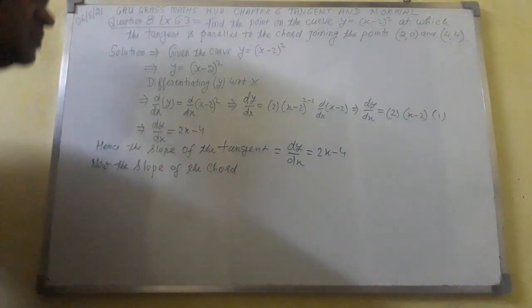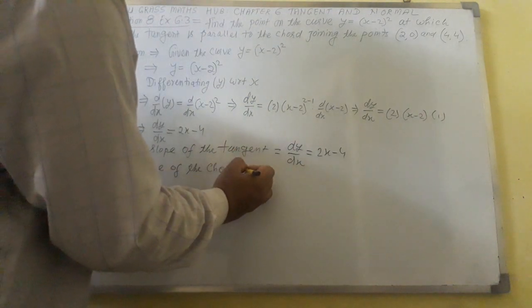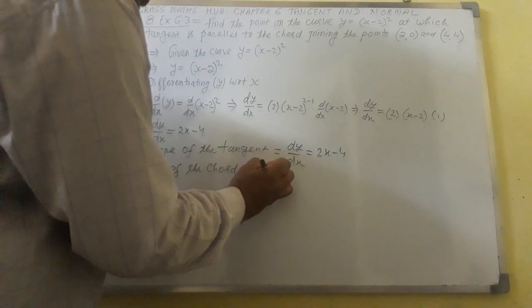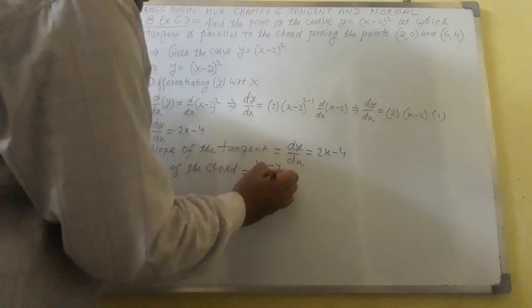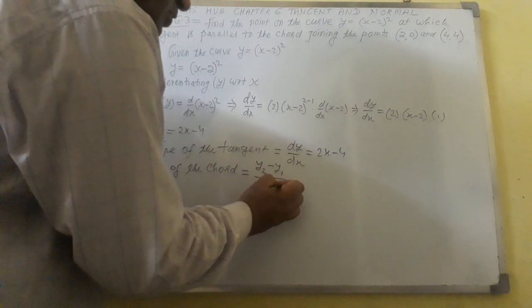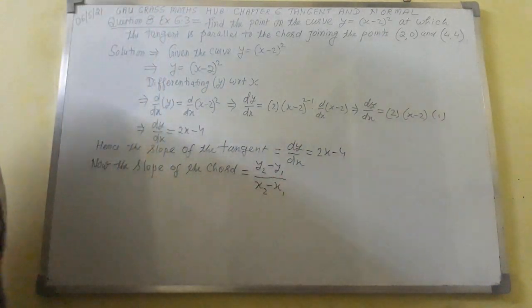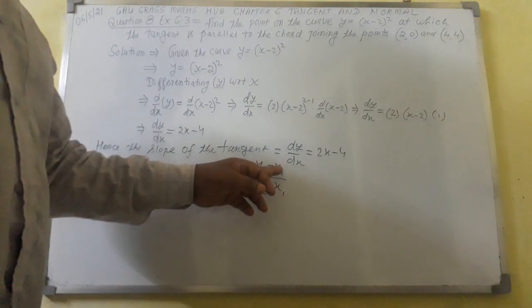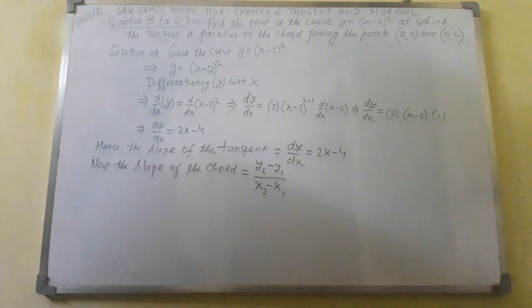Slope of the chord equal to (y2 minus y1) whole over (x2 minus x1). This is the formula you must remember: slope of the chord is y2 minus y1 over x2 minus x1.